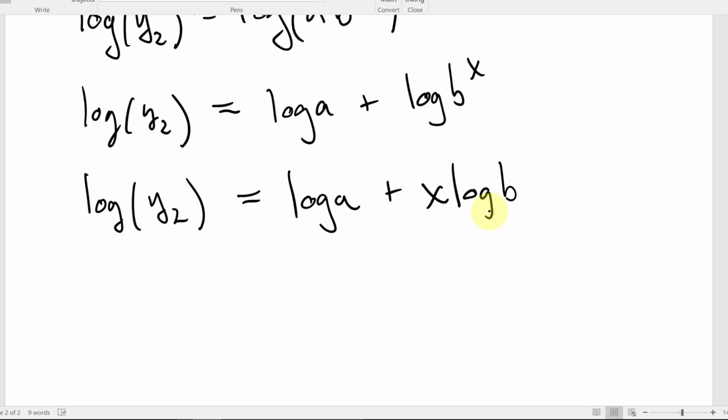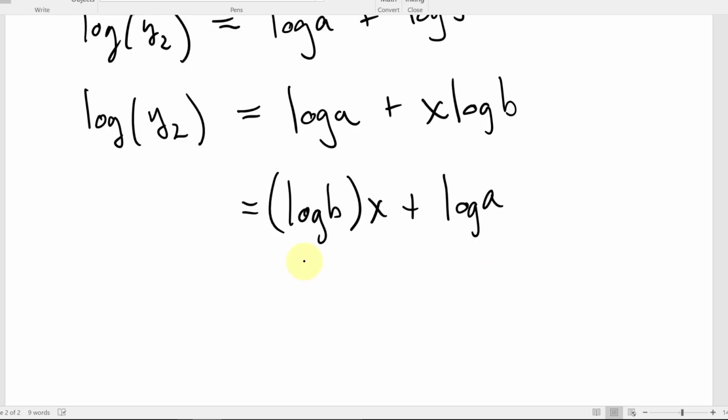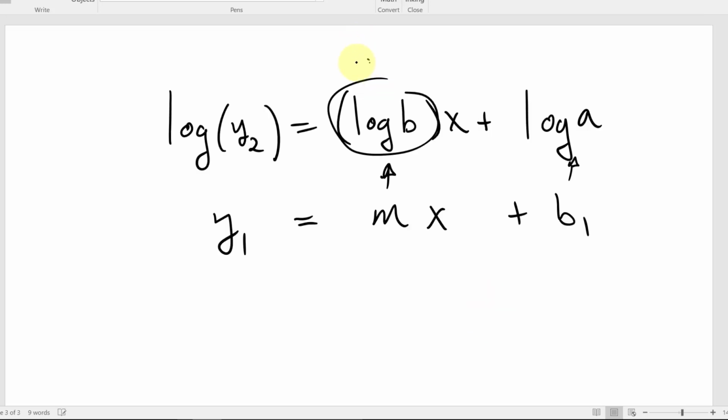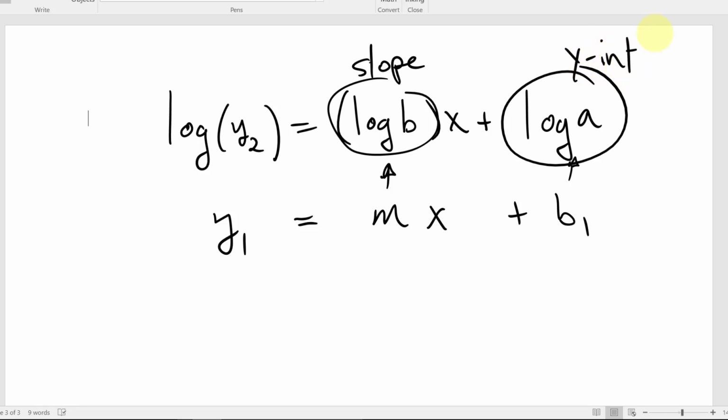Now I'll just rewrite that where I put this first. This is actually the slope of a linear function. So we'll have log base 10 of b, times x plus log base 10 of a. Now this is the slope, m, for a line, and this is the y-intercept, which before I called b1. So this is the slope, and this is the y-intercept for the line of best fit.